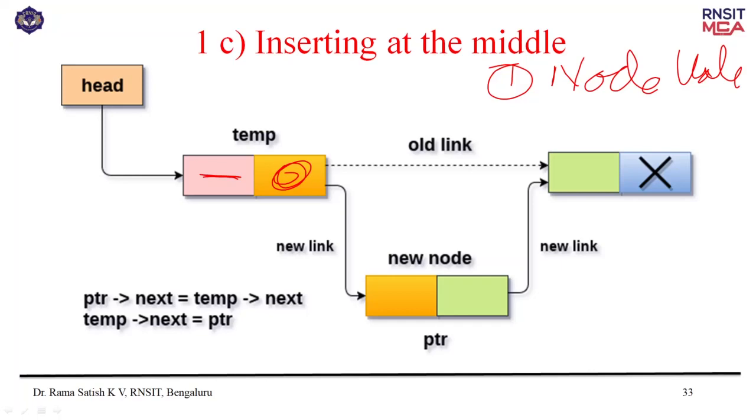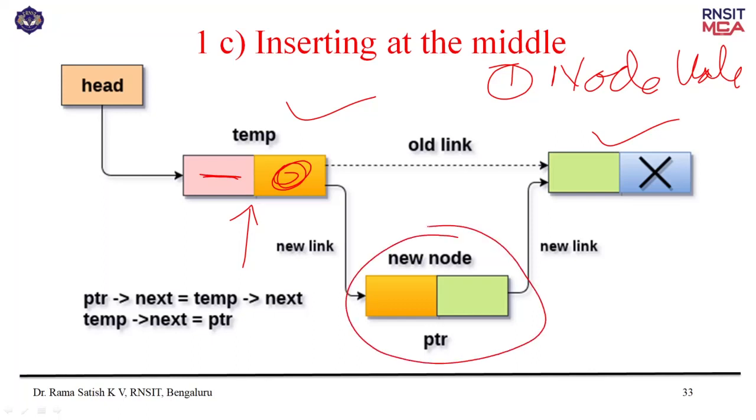After searching, your temporary pointer is pointing to the searched value, and the new node should be inserted after this value. Initially it will be like this: temp, and there is one more node, and there is an old link. Now a new link is created, as I have to insert a new node.